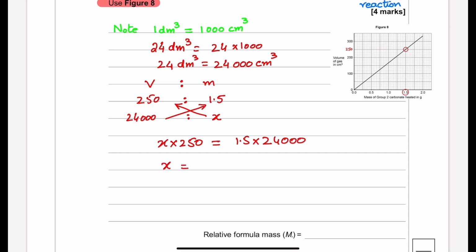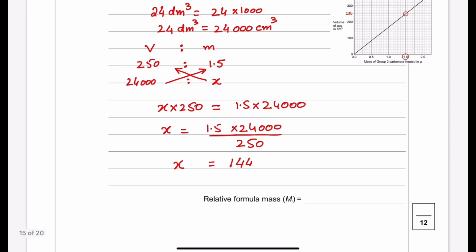So X is equal to 1.5 into 24,000 over 250. The answer is 144. So the relative formula mass of the unknown metal carbonate W is 144.